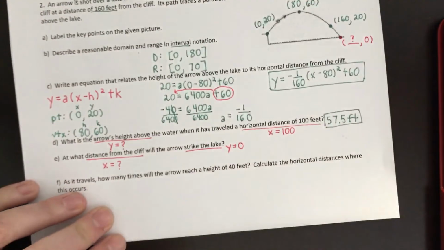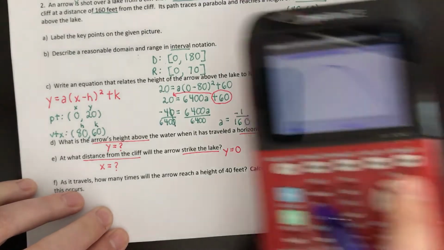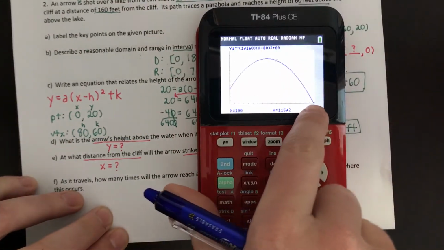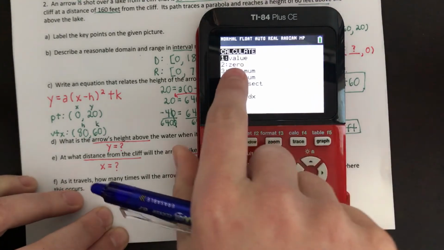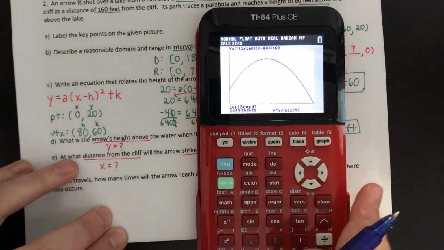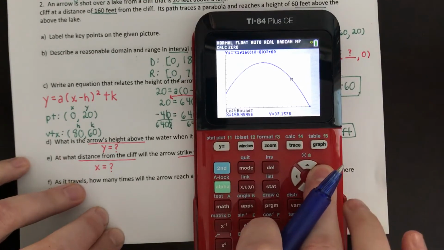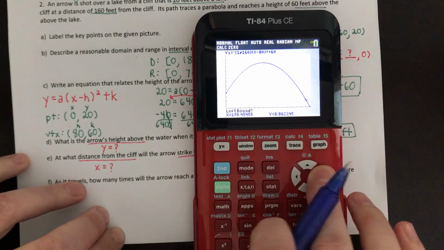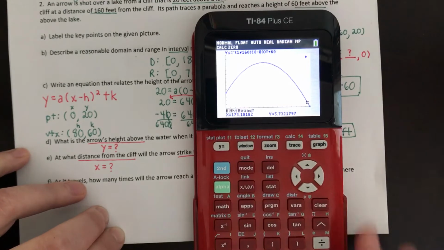Okay, so what we can use is we can use the calculator to find out what that point is there. We can do second trace 0, that's an x-intercept, and of course use your skills that you've learned from way back when. Get that left bound. See how here it's asking for the left bound, so hit enter.